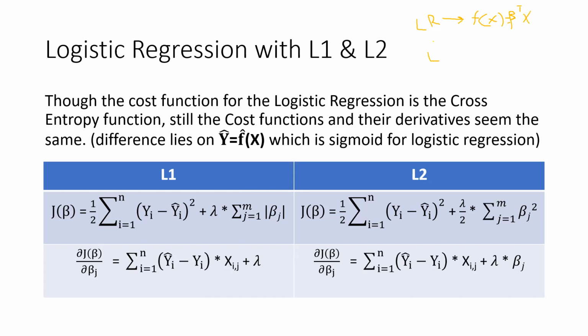For logistic regression, f of x equals 1 over 1 plus e to the power minus beta transpose x, where it is the logistic sigmoid function. That is the only difference between linear regression and logistic regression. When you look at these equations, both are the same, right?